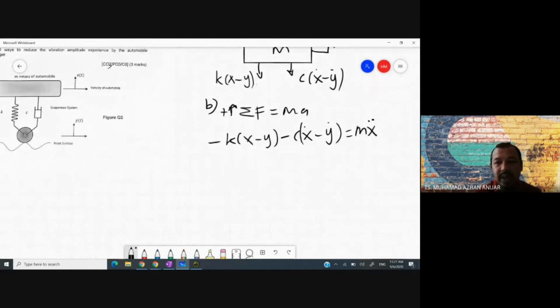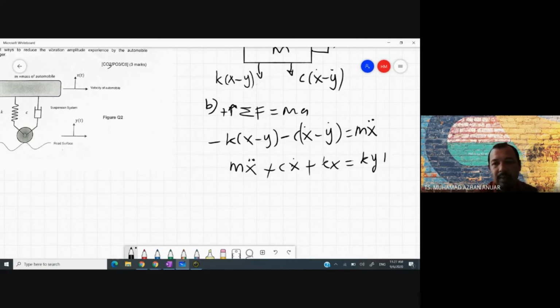And if we rearrange this, you will get M X double dot plus C X dot plus K X is equal to K Y plus C Y dot.